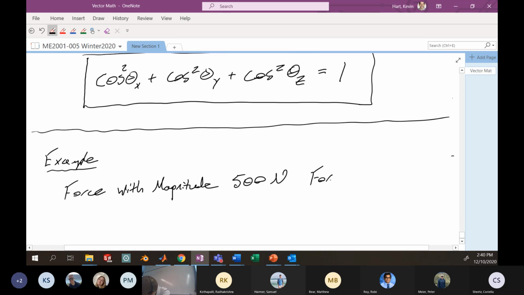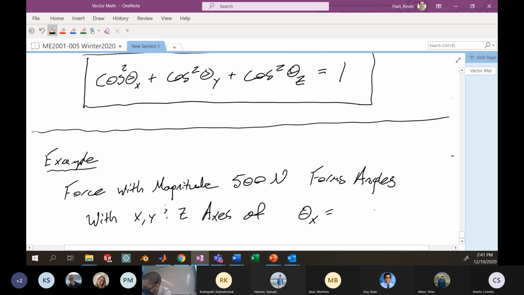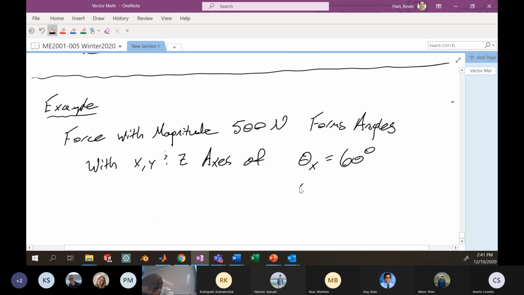It forms angles with the x, y, and z axes of theta x is 60 degrees, theta y is equal to 45 degrees, and theta z is equal to 120 degrees.